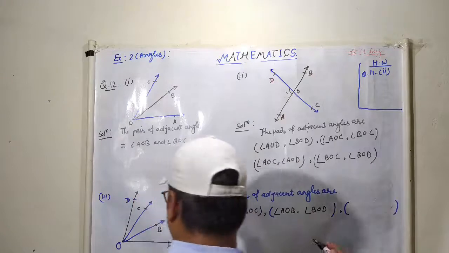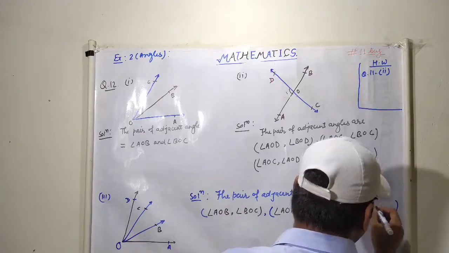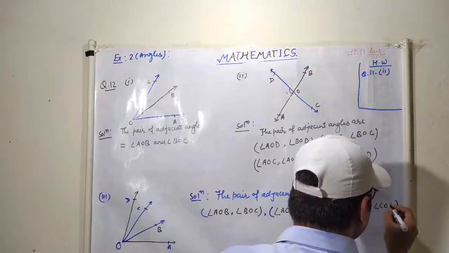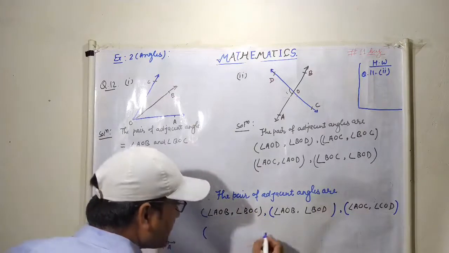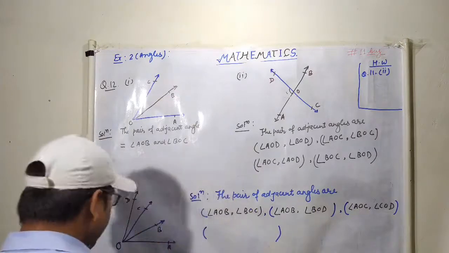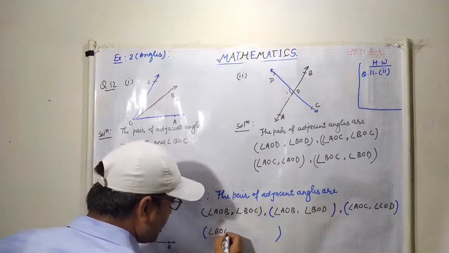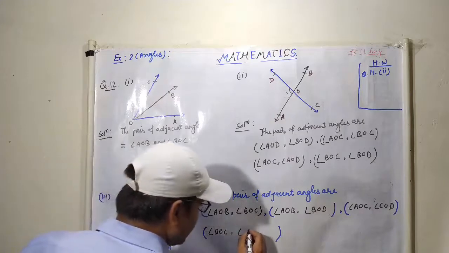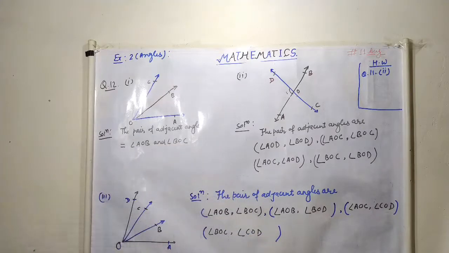Angle AOC and angle COD. Now the last pair of adjacent angles: angle BOC and angle COD. These are the adjacent angles, okay.